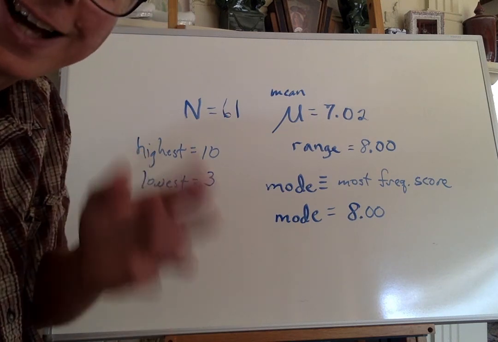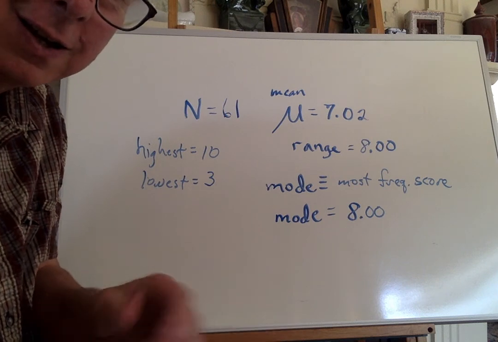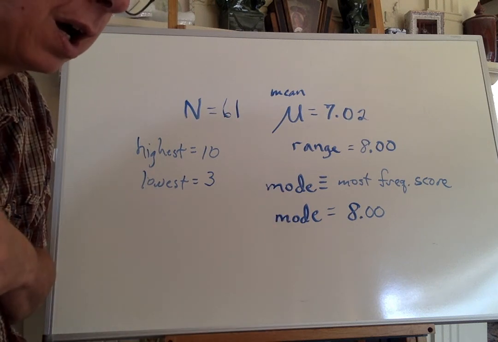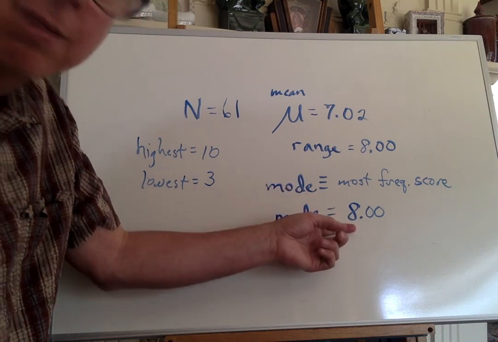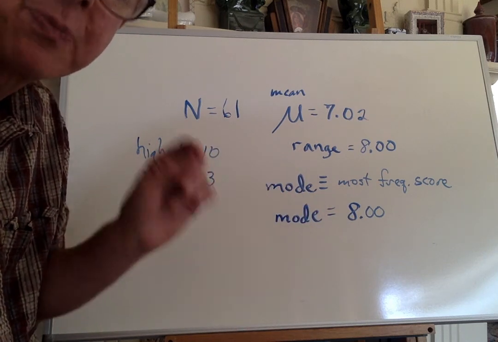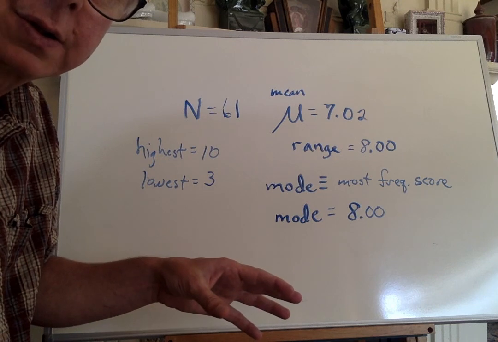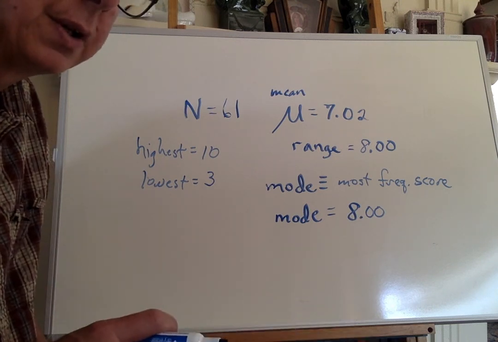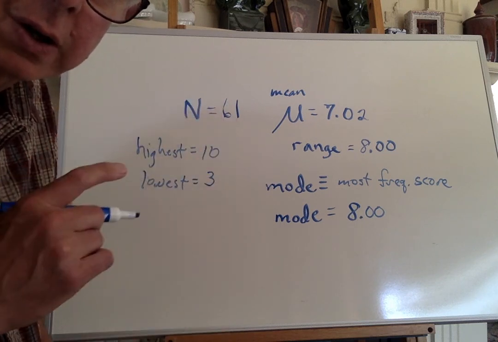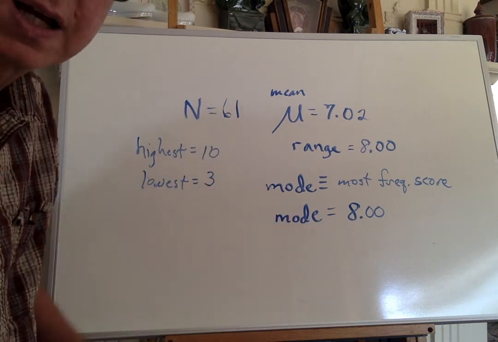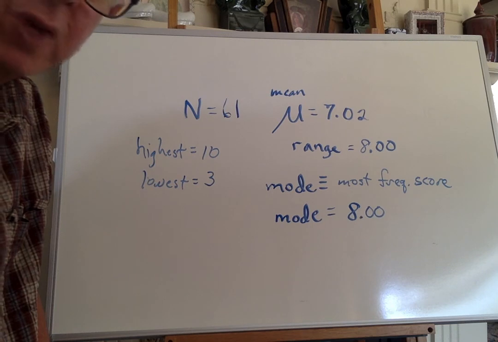No, I'm asking you to guess. What would your guess be? 8. My guess would be 8 because that's the most frequent. There's more 8s than any other response. So if I pulled one out at random, my guess would be 8. Could I be wrong? Absolutely, I could be wrong. But I'm going to maximize my guess.